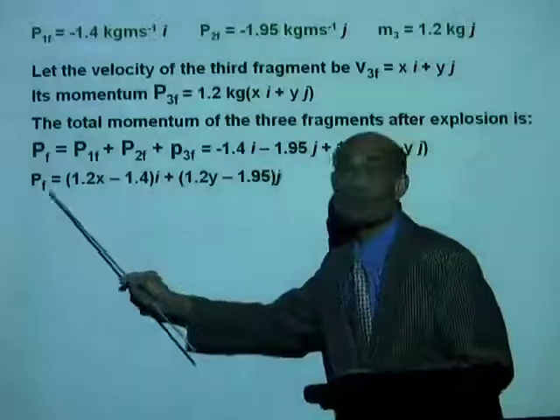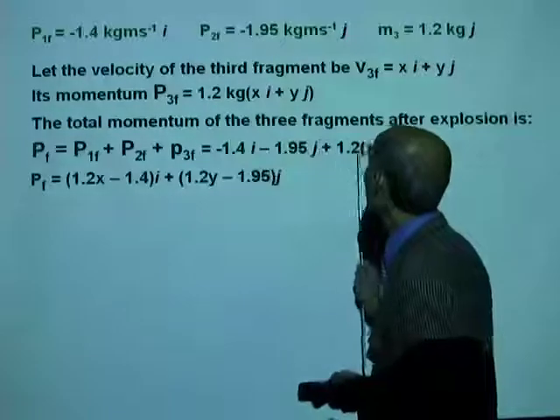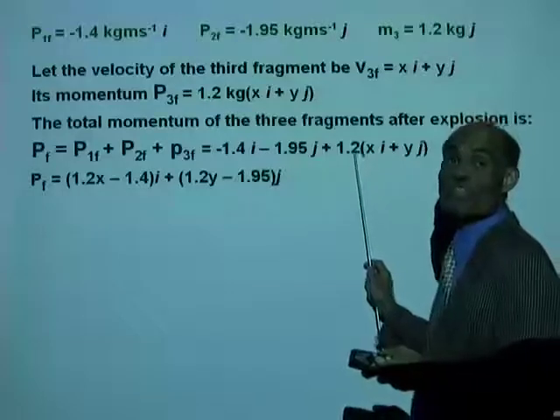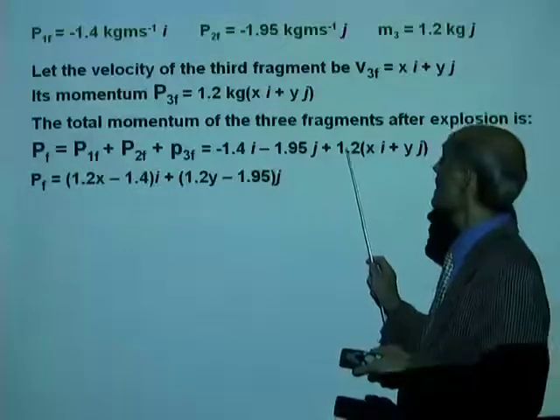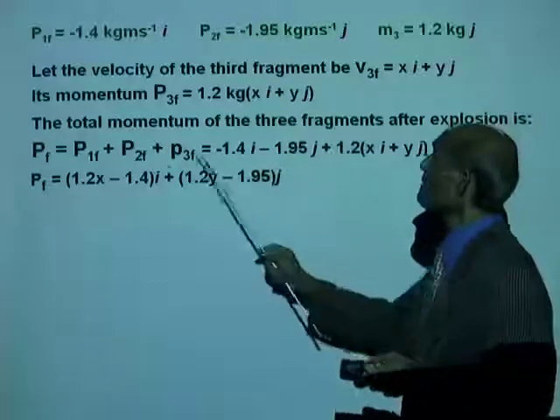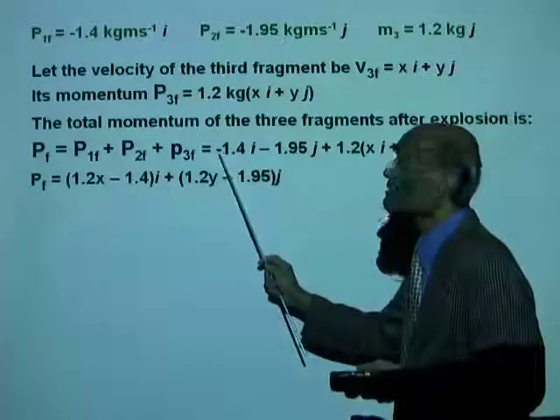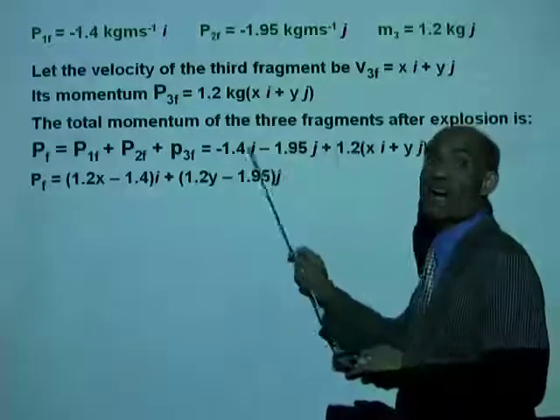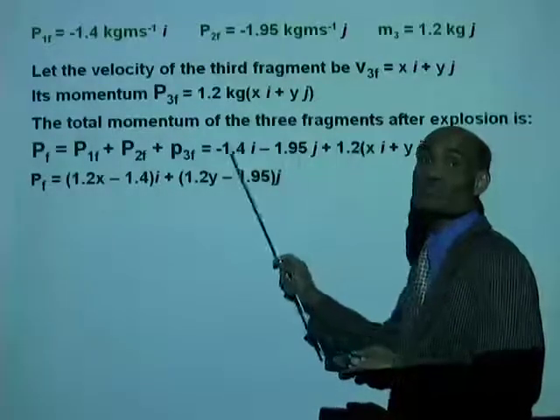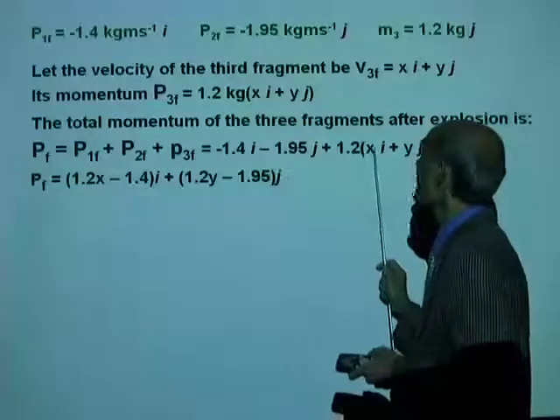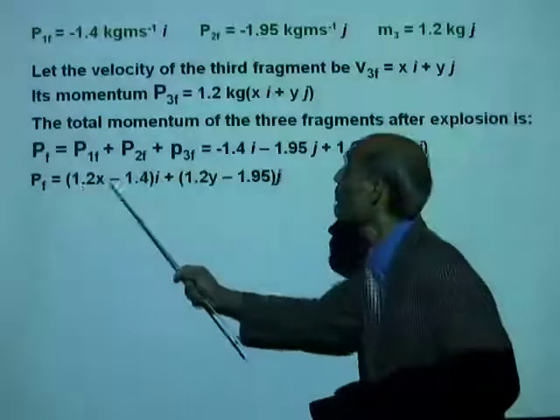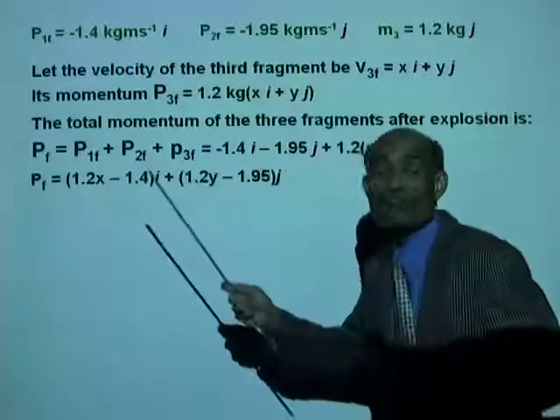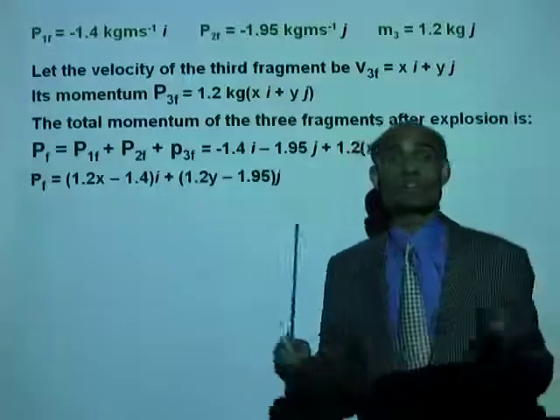The final momentum of the third fragment in the x direction is 1.2xi. And the final momentum of the first object is negative 1.4i. We can add the momenta in the x direction. It will be 1.2x minus 1.4 i. That is the x momentum of the three fragments after explosion.